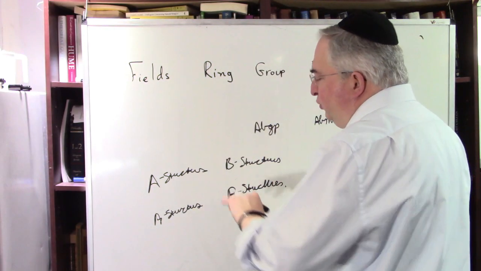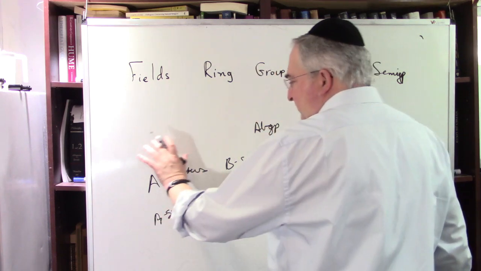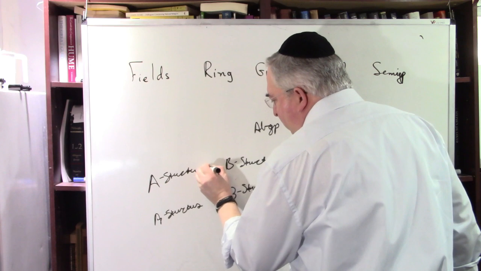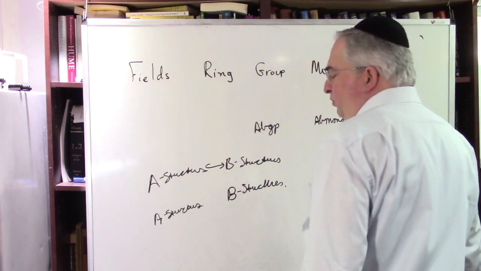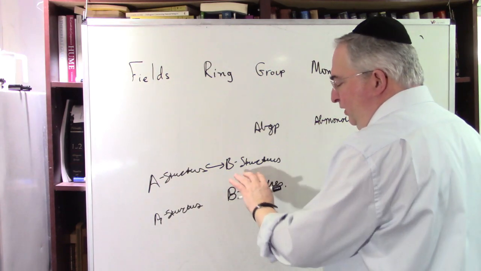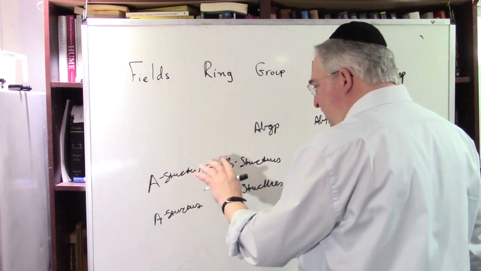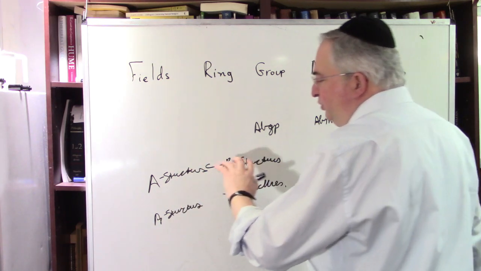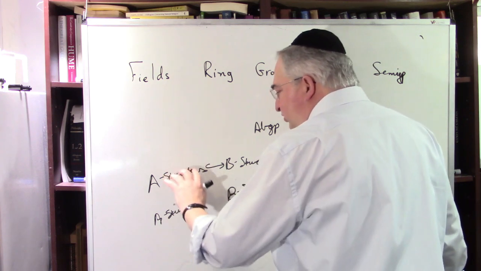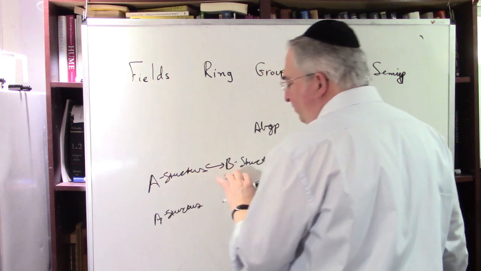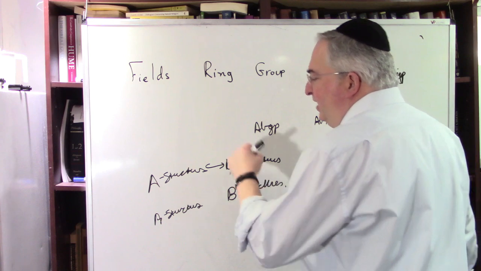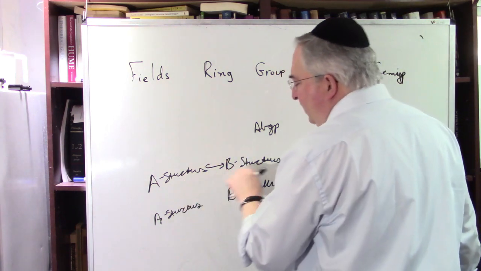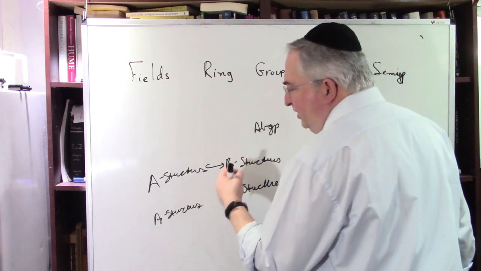You could have a category of A structures, and you have a category of B structures. And what you could do is say the A structures are special types of B structures. In other words, they satisfy more requirements. These guys satisfy more requirements.